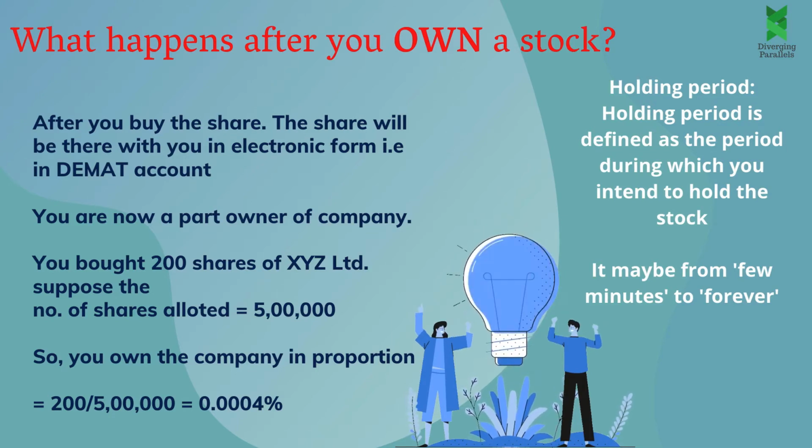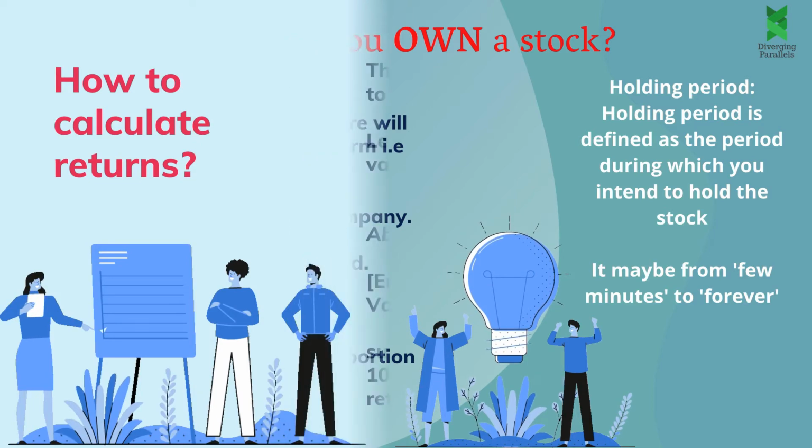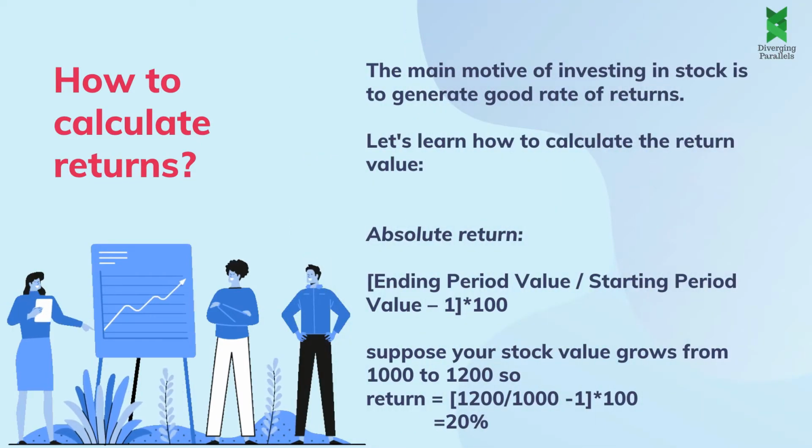As we know, the main intention of any trader is to earn profit on a daily basis. For this, we can calculate the returns, that is, how much our money is paying us, at what percent we are earning the profit. For that, we can calculate the absolute return. Absolute return is defined as the ending period value divided by the starting period value, minus 1, multiplied by 100.